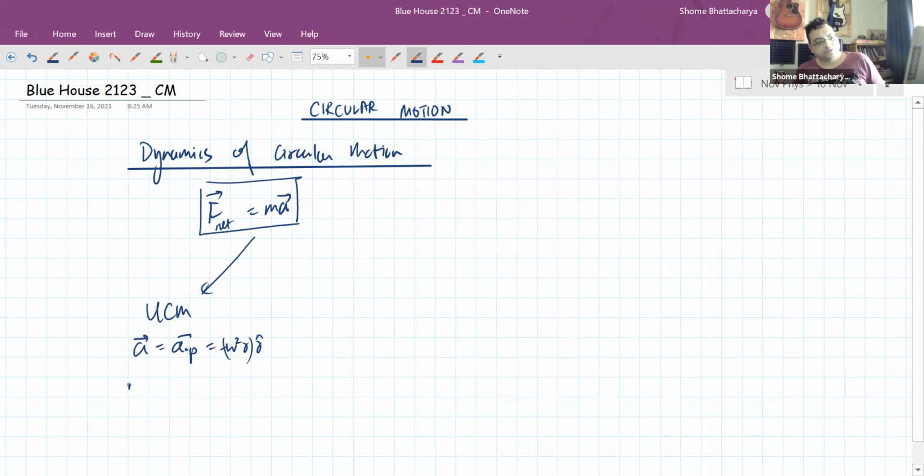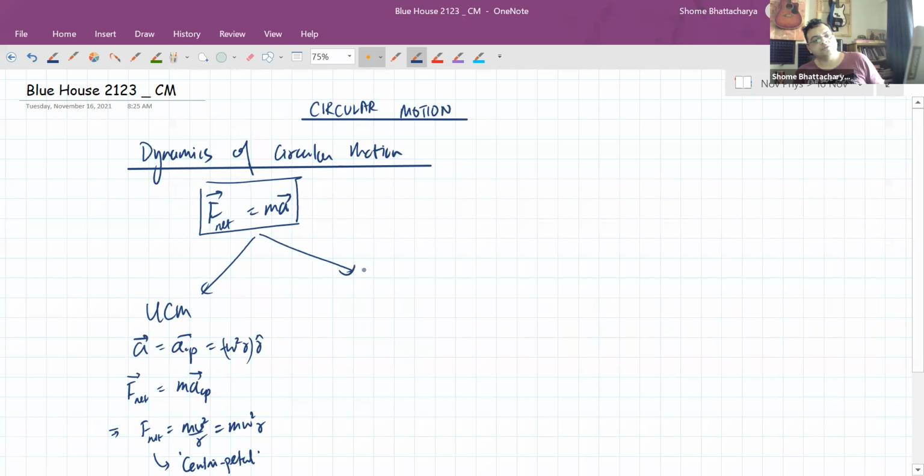So the magnitude of the net force becomes mv square by r or m omega square r, and it's a centripetal force. It's pointing towards the center.